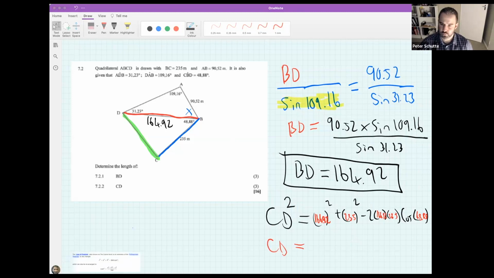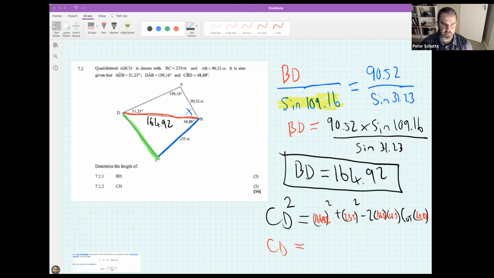Okay, so I need to be careful with my calculator here because there's the potential to make a silly mistake. So 164.92, and then I use the square button, plus 235 with the square button, minus 2 times 164.92 times 235 times cos of 48.88.